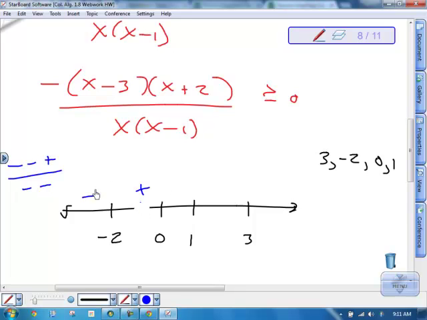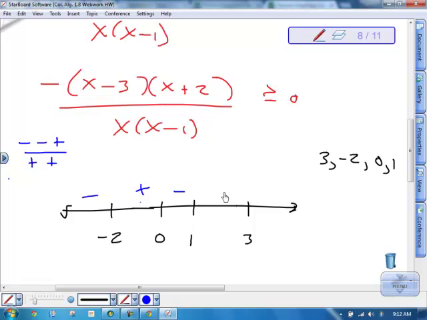Okay. Now let's try sticking in a number between 0 and 1, like 1/2. If we try sticking in 0.5, this would stay negative. This next factor would be negative. This would be positive. This would be positive, and this would be negative. So that's 3 negatives, which once again is a negative. Okay. Now let's try sticking a number between 1 and 3, like 2. If you stick in 2, this would be negative, this would be positive, this would be positive, and this would be positive.